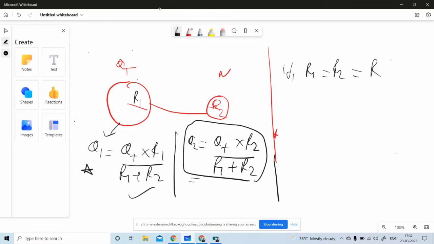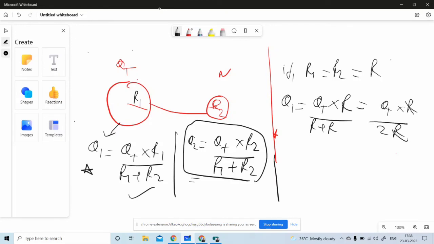Substitute the value. q1 equals Q total into r1 upon r1 plus r2, so that will be r upon r plus r. So this will be Q total into r upon 2r. r gets cancelled. See, Q by 2. So with the help of this formula, we can calculate the charges on the spheres, whether they are identical or not identical.